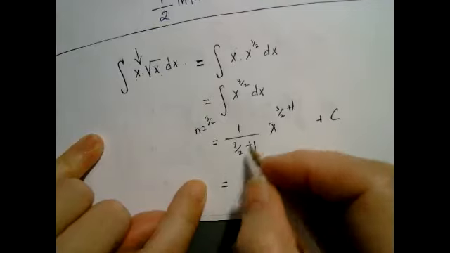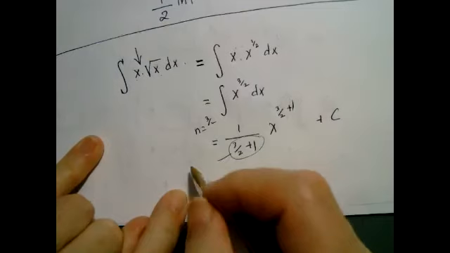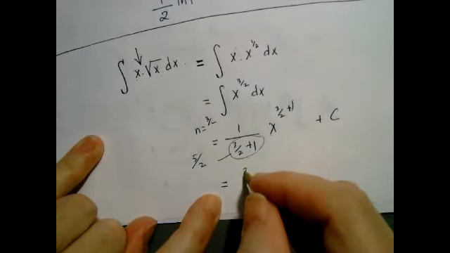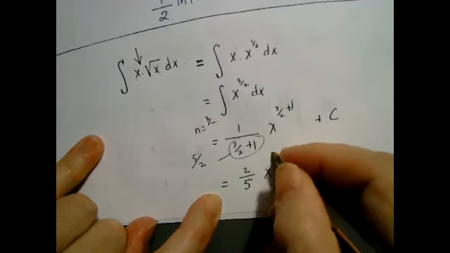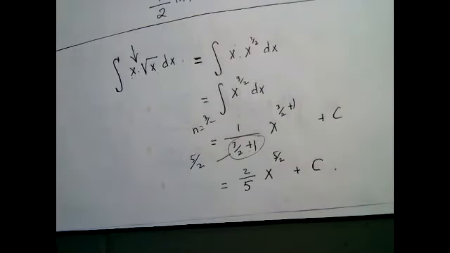And the rest is algebra. 3/2 plus 1 is 5/2. So 1 over 5/2 is going to give me 2/5, x to the power 5/2 plus c. End of the problem.